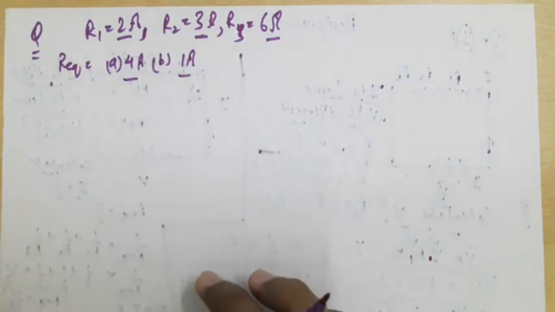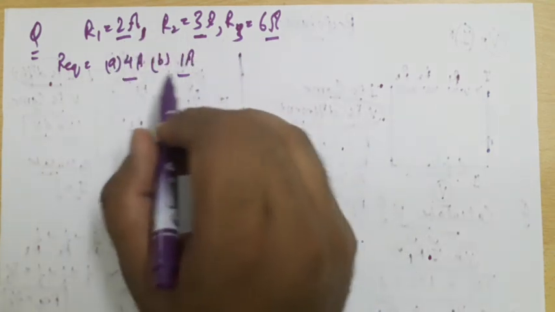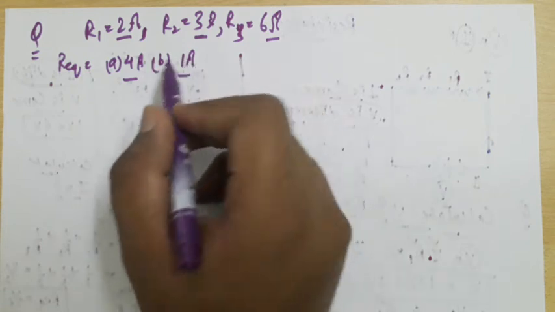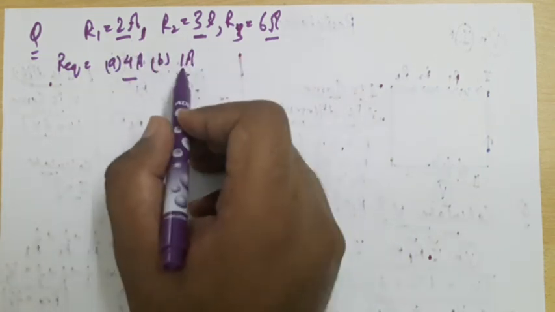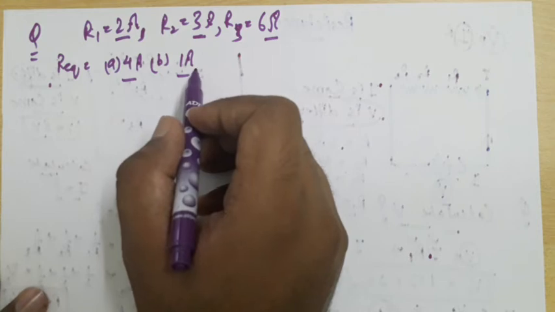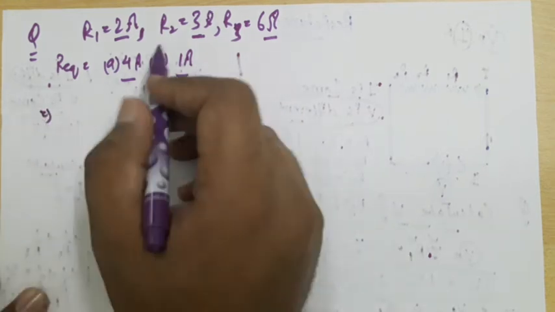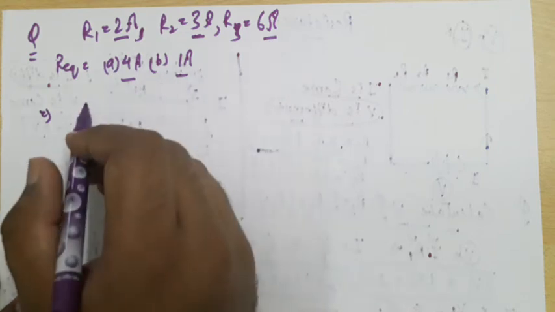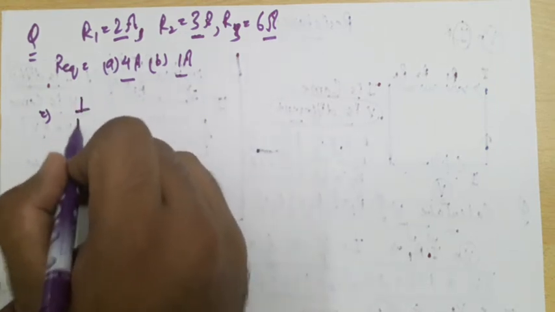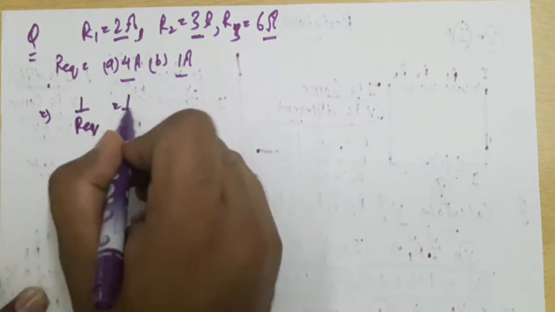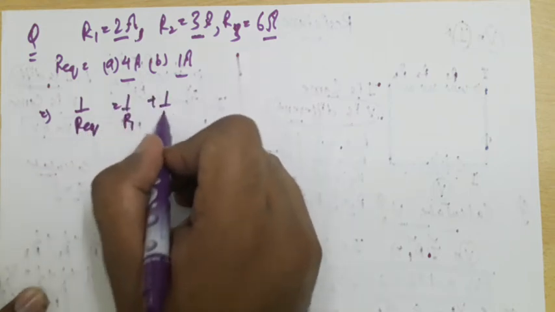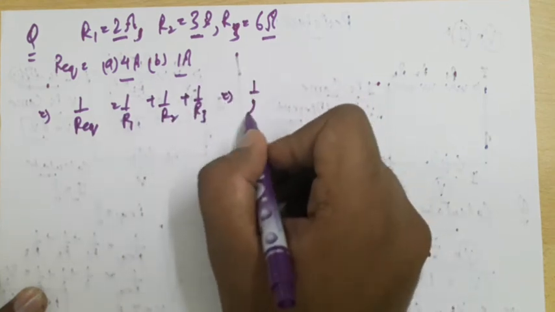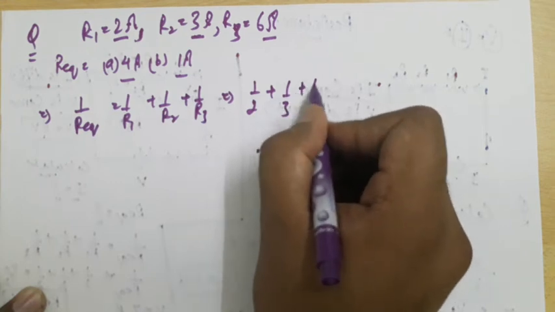So how can we make the R equivalent? We have to see how we can arrange these 3 resistors so the equivalent resistance becomes 4 ohms. 3 resistors are there, so I can make different combinations. Let us first connect them in a parallel arrangement: 1 by R1 plus 1 by R2 plus 1 by R3, that is 1 by 2 plus 1 by 3 plus 1 by 6.